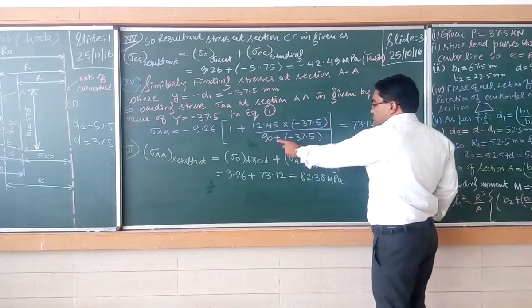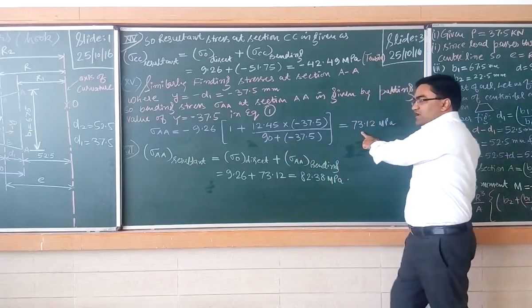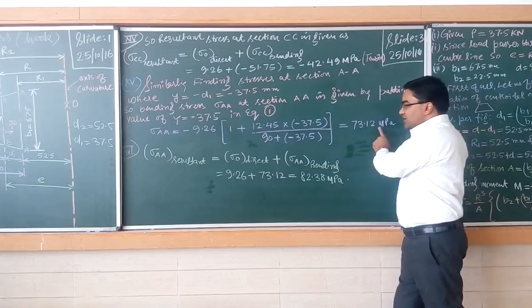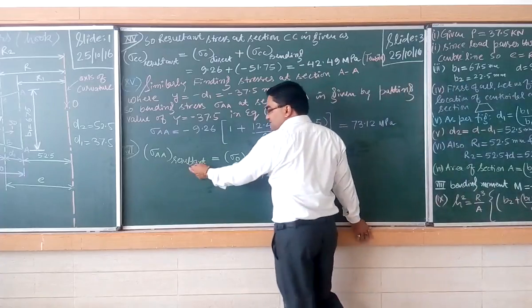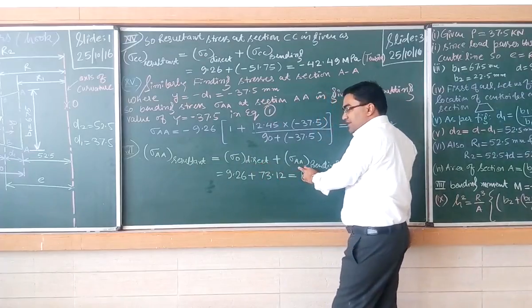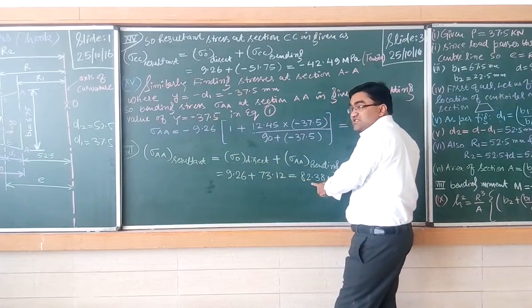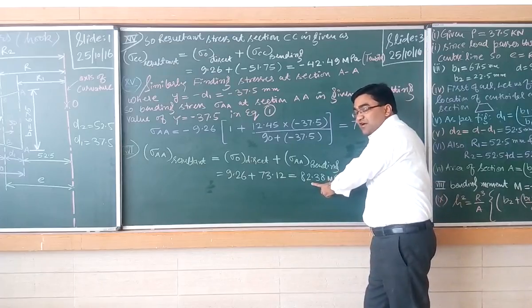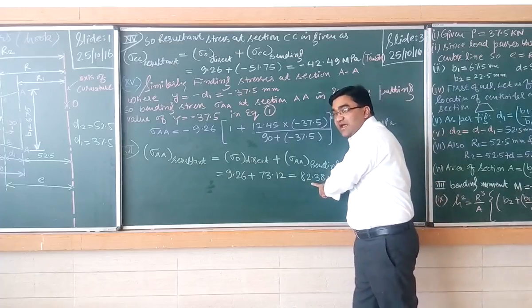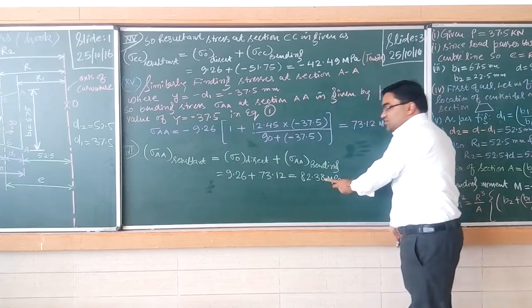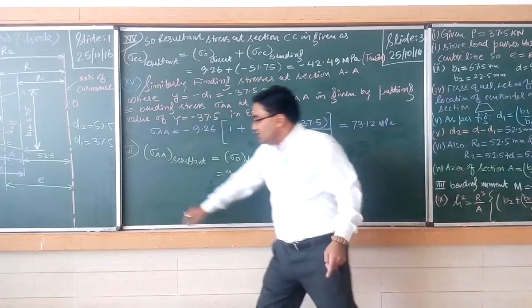Please remember. After putting this value, we have been able to obtain 73.12 megapascal. So the net or resultant stress at section AA will be equal to sigma direct plus sigma bending. Since this is positive in nature, quite clear, the innermost fiber, section AA, will be under compressive stress. So this is all from this figure.